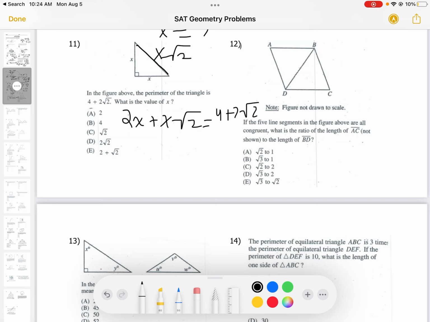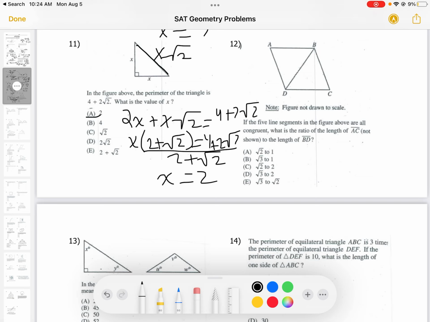Now it's easy to see here, where we can factor out an x. X times 2 plus root 2 is equal to 4 plus 2 root 2. And then we can divide everything by 2 plus root 2, and we get x is equal to 2. That's A.